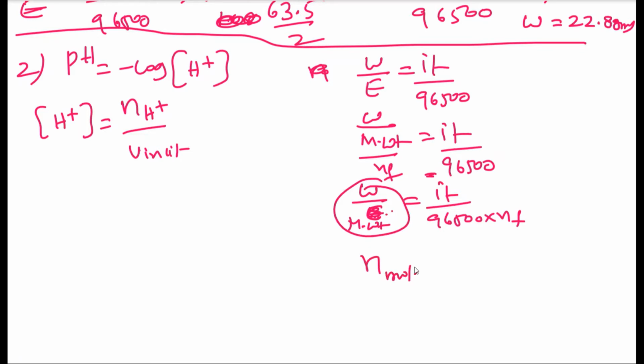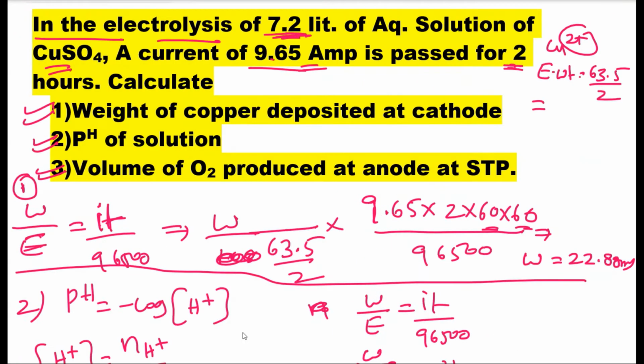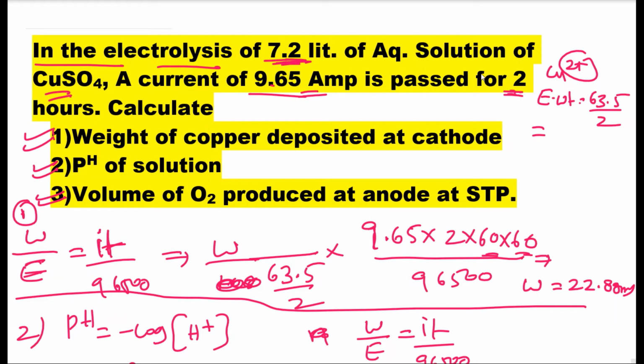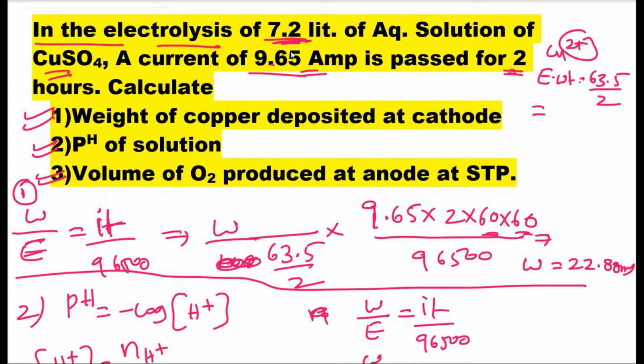So the number of moles formula is IT by 96,500 into N factor. So number of moles of H+ is equal to... I is given or not, tell me in the problem. I is 9.65, time is already given, and volume is also given. So this is easy only.